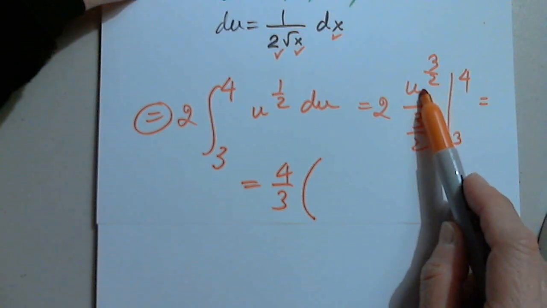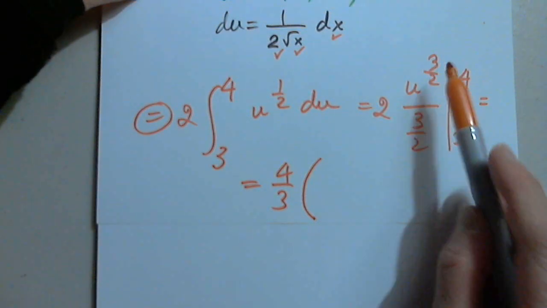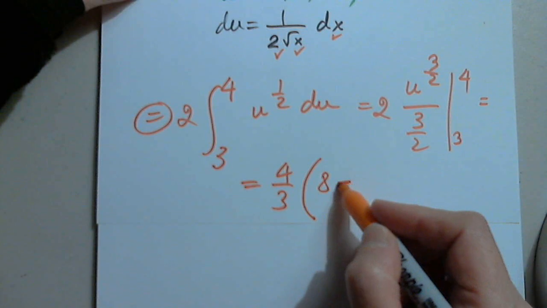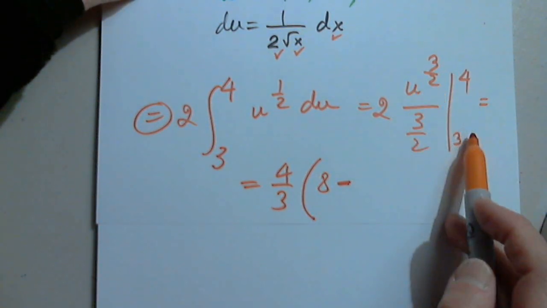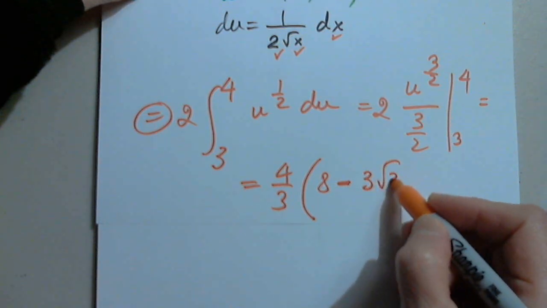The square root of 4 is 2. 2 to the 3rd is 8. Minus, don't forget minus. There is nothing I can do here with the square root of 3. I can't. So this is 3 times the square root of 3.